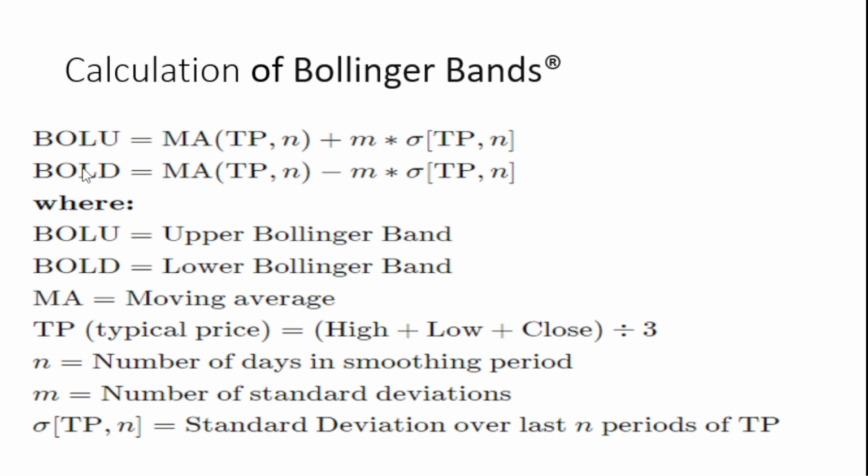So we can divide each band into two parts: moving average and volatility of typical price. And by moving average, we understand the moving average of typical price as well.